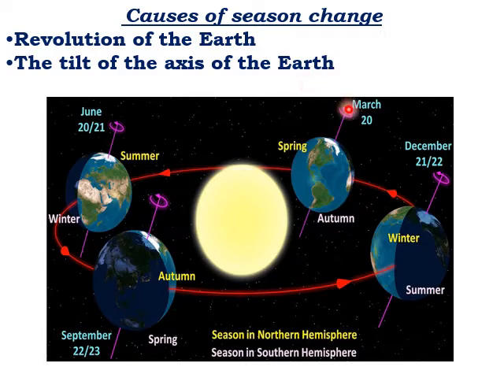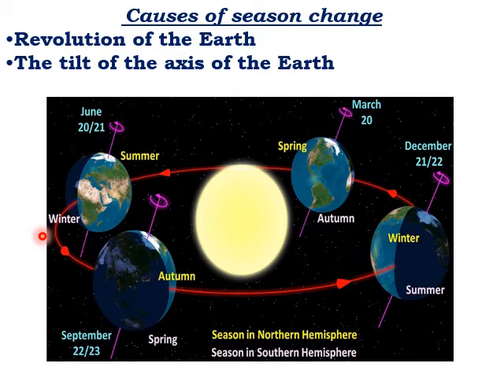Because of the tilted axis, you can see here in this picture, the axis is not straight, it's tilted. Because of this tilt, when one hemisphere is facing towards the sun, here you can see the northern hemisphere is facing towards the sun, the other hemisphere is away from the sun.